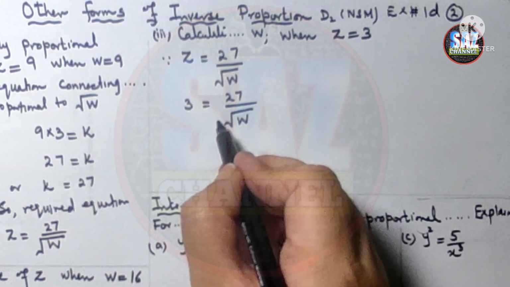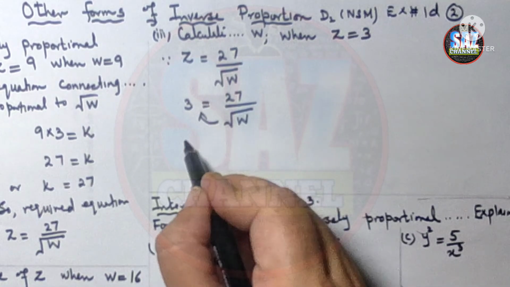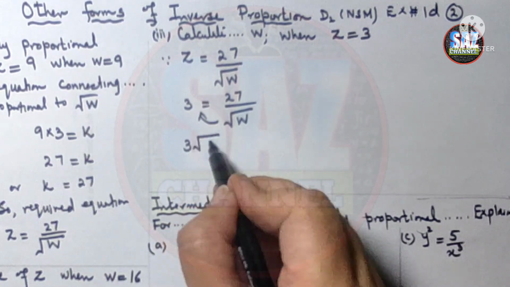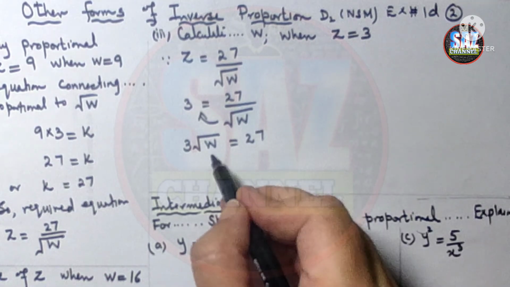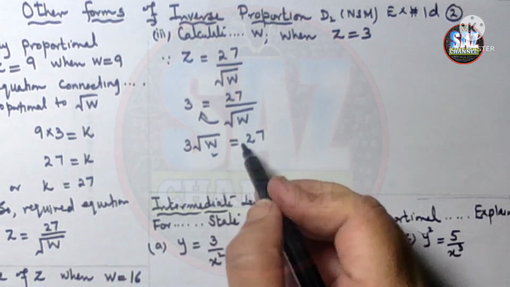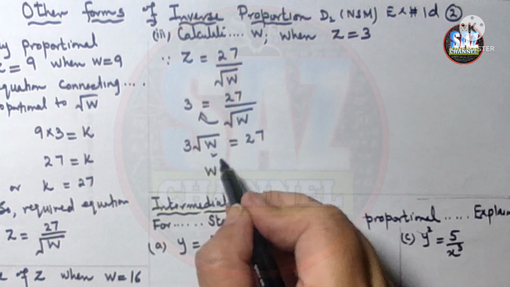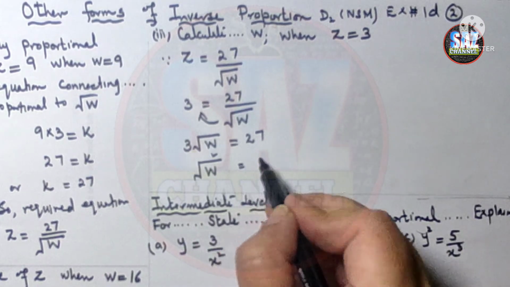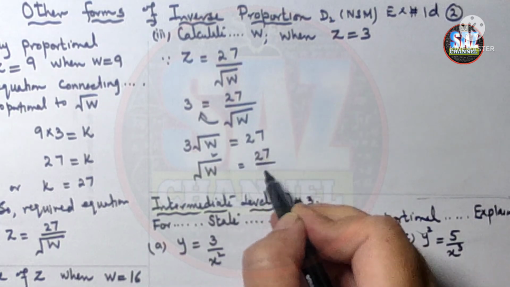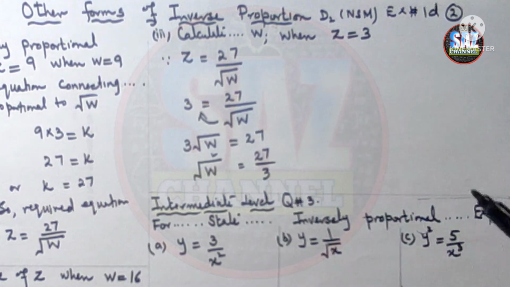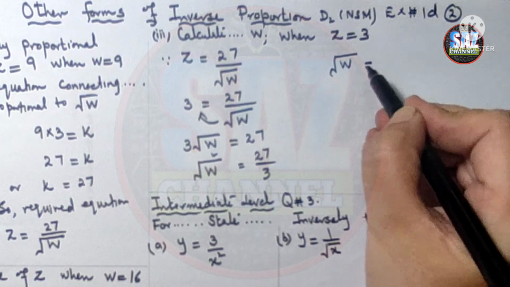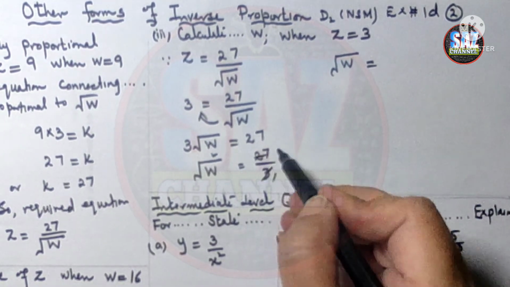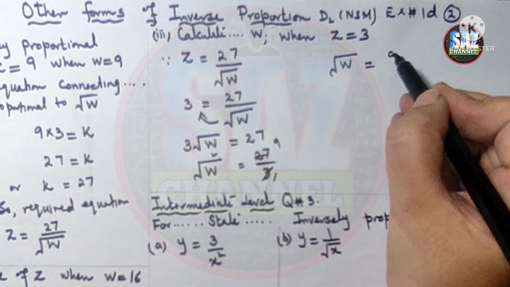Now go for cross multiplication. Basic steps for the solution of simple linear equations have to be really clear. I need to find the value of w, so I will keep square root w in its place and shift 3 to the other side, 27 by 3. Square root w will be equal to 9.